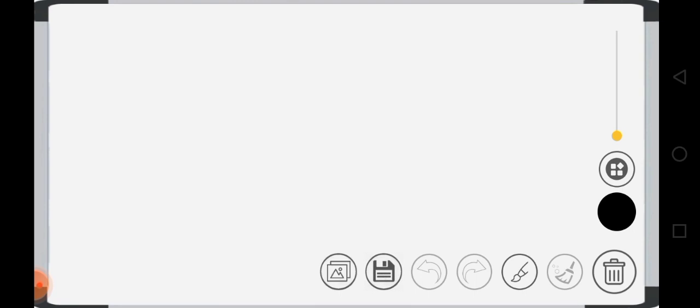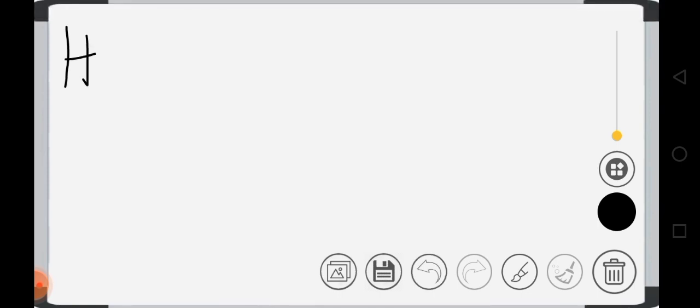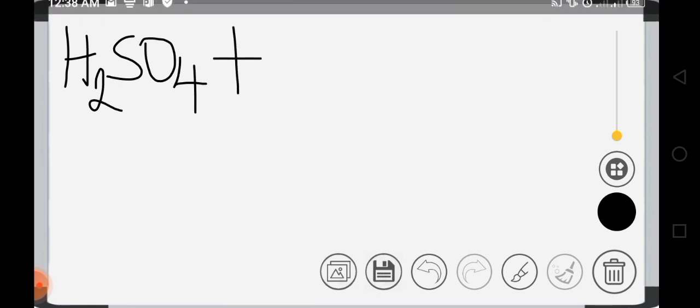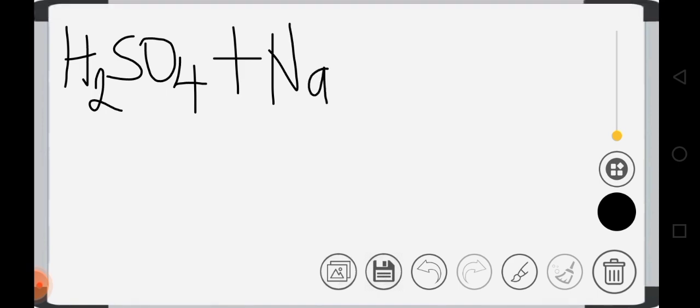Look at the equation of reaction. We have H2SO4 added to Na2CO3.